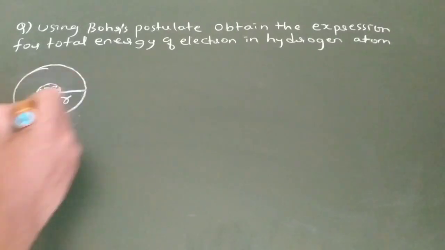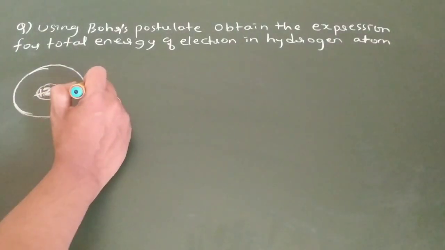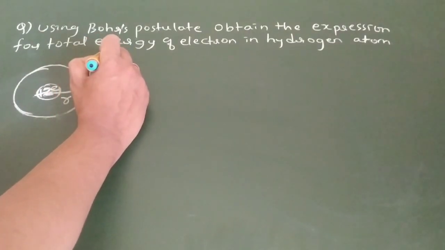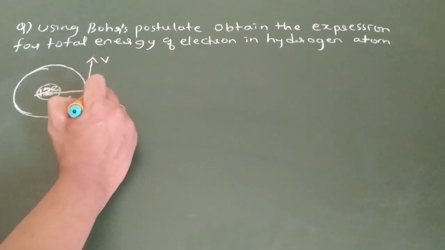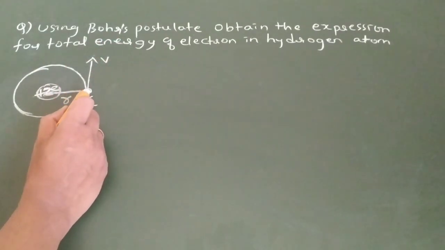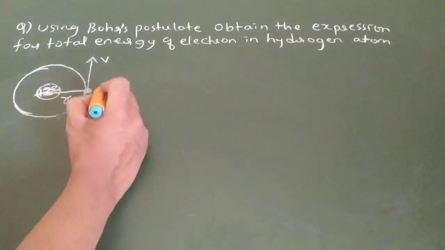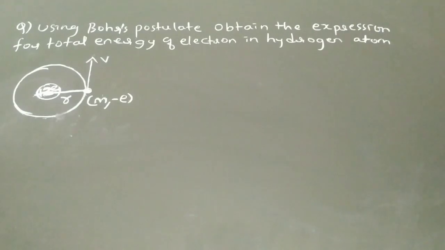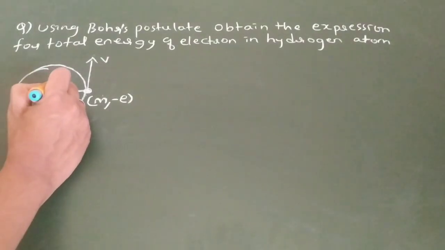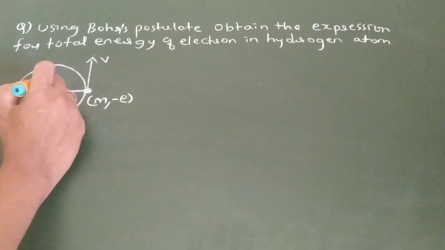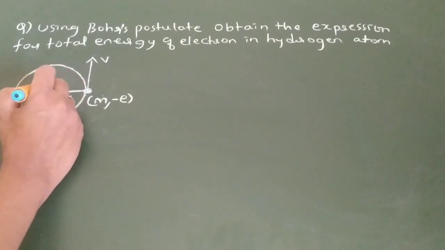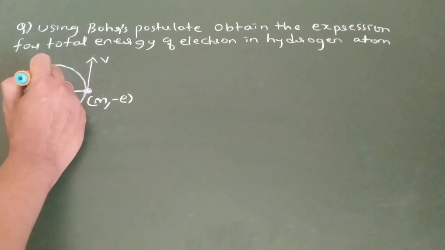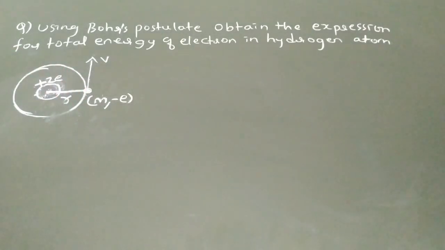And one electron is being placed at this point with velocity v, having mass m and charge minus e.